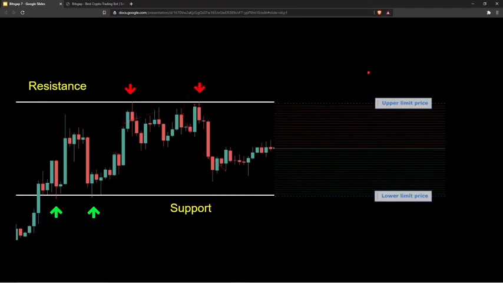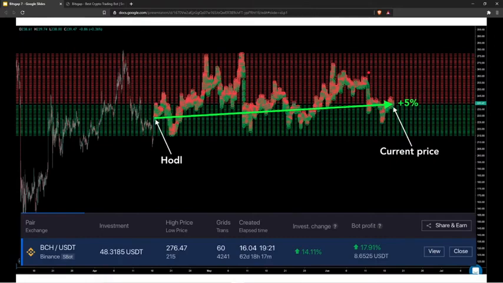All right, and the reason why the SBOT is optimal for the sideways market is not just because it outperforms the classic bot in this case, but because it also outperforms a simple hodl strategy. By hodl strategy, what I mean is you buy crypto, it lies in your portfolio, and you do nothing about it.